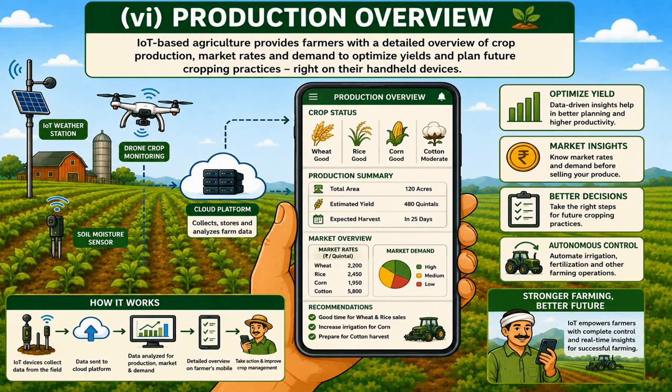It also gives useful recommendations for improving crop production and the farm management. So this overall image highlights several benefits of the system, and the farmers can optimize the crop yield, understand market prices before selling the crops and make better decisions for future farming activities. And this system also supports autonomous farming operations such as irrigation and the fertilization.